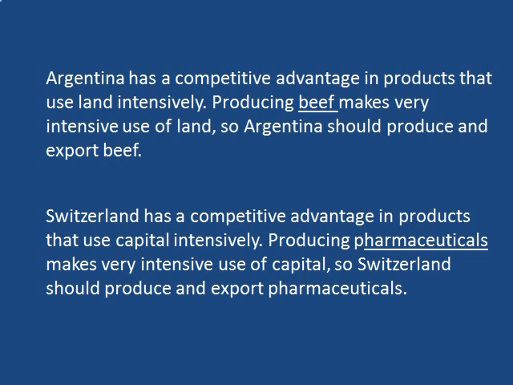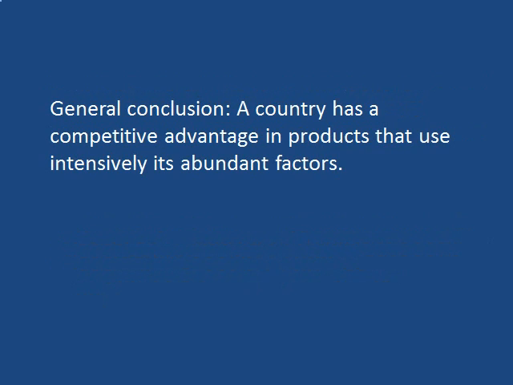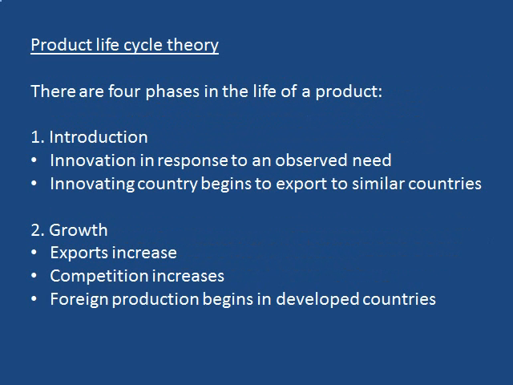Producing pharmaceuticals makes very intensive use of capital, so Switzerland should produce and export pharmaceuticals. A general conclusion we can draw from this example is a country has a competitive advantage in products that use intensively its abundant factors. The next theory of international trade is product life cycle theory.